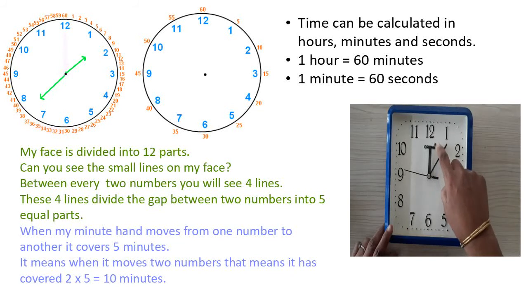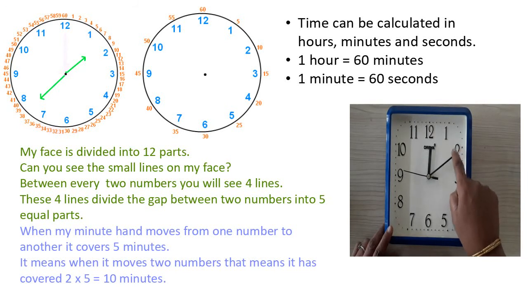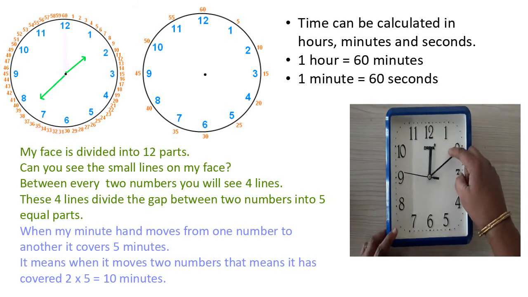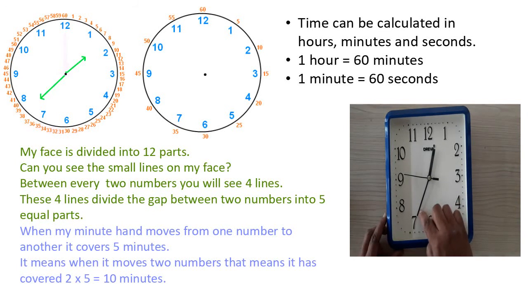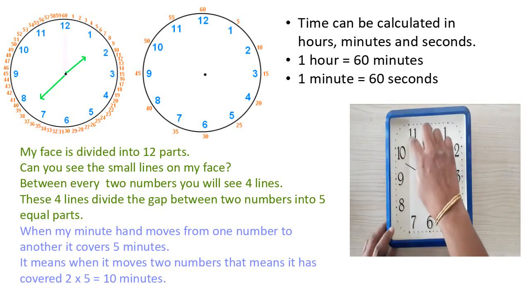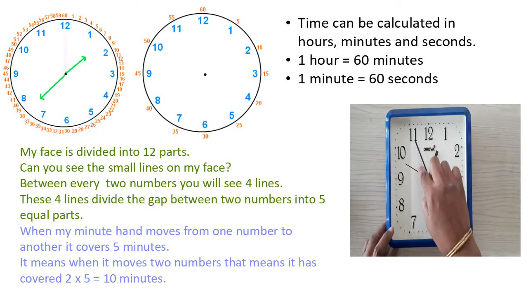If it moves up to here, it has covered two numbers, that is 5 2s are 10 minutes. If it comes up to 5, then 5 5s are 25 minutes. If it comes here, then you have to think that 7 5s are 35 minutes it has crossed. Here, if it is up to 11, it means 11 5s are 55 minutes.